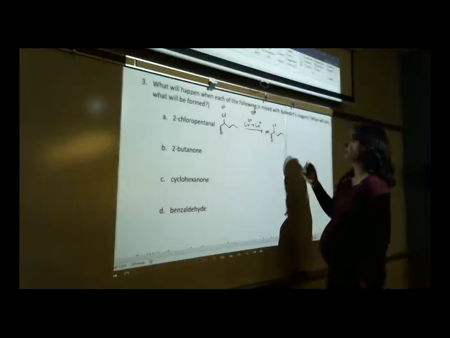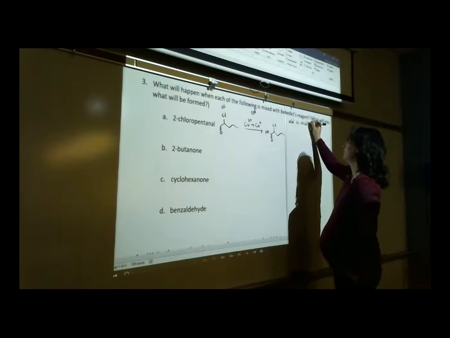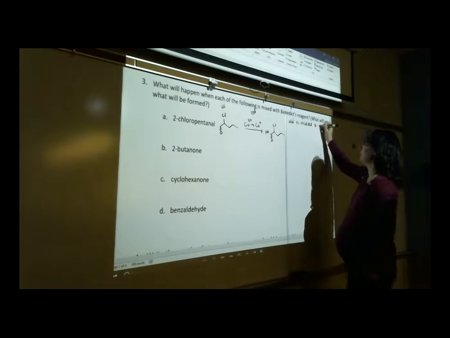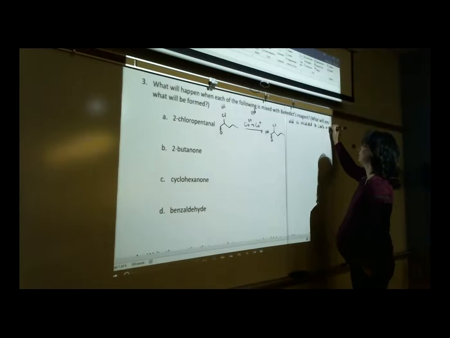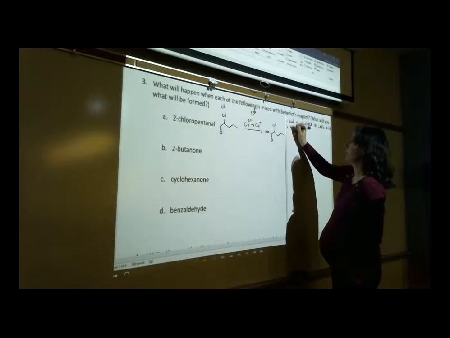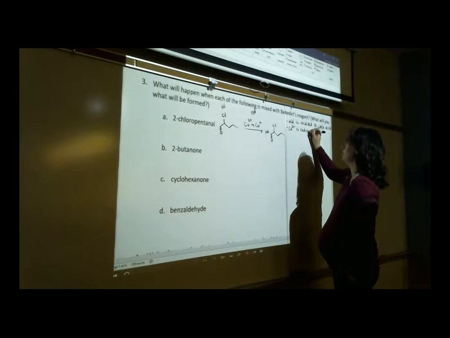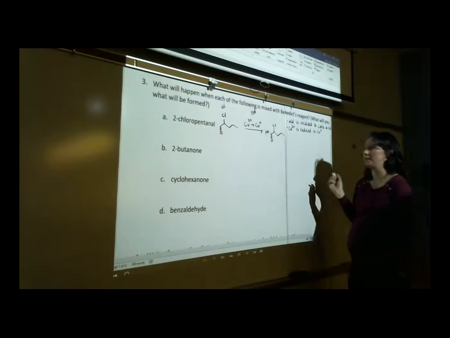So what happens? The aldehyde is oxidized to a carboxylic acid, which you don't know how to name yet. That's okay. The Cu2+ is reduced to Cu+, which precipitates out.